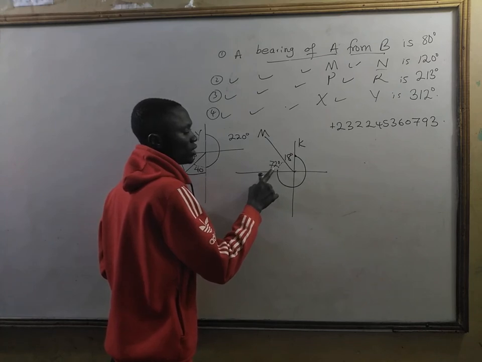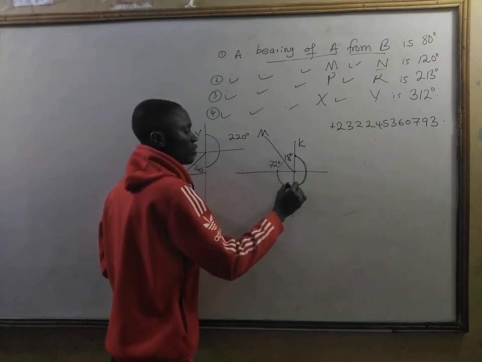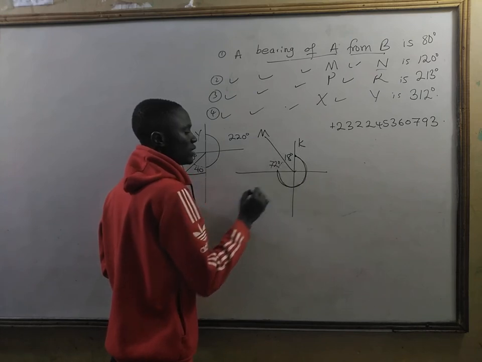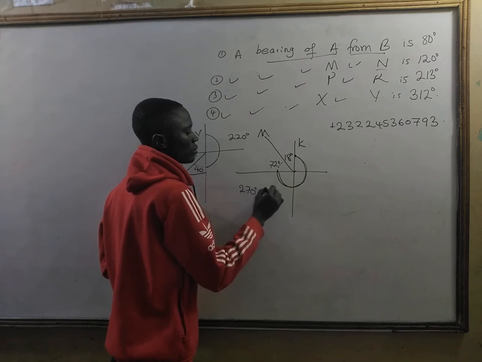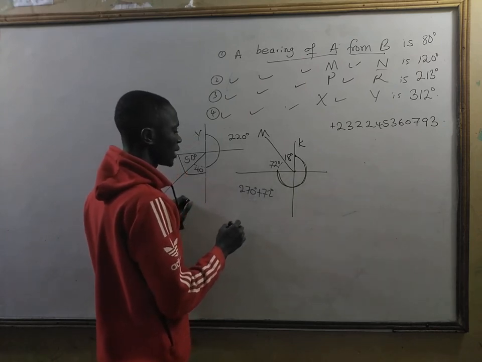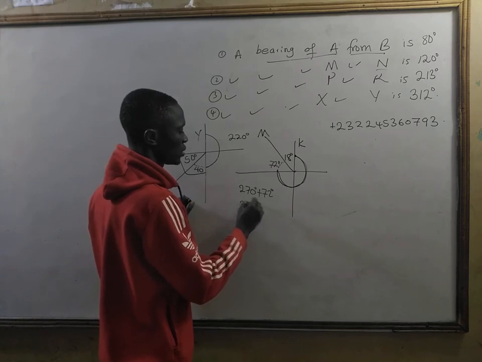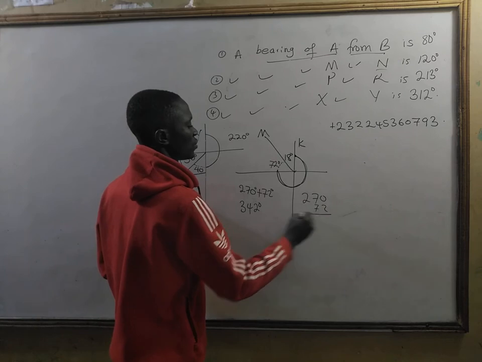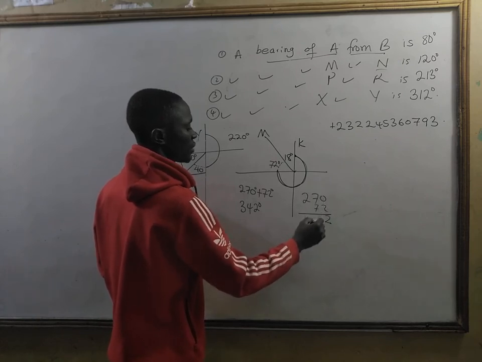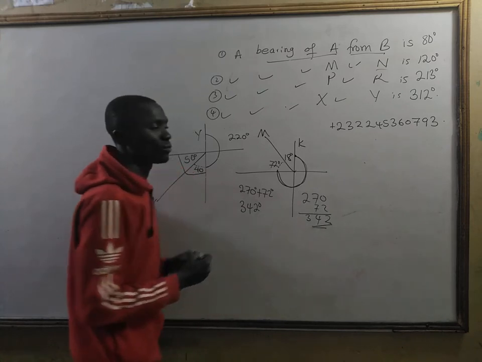So we get here 72 degrees. Then if you need the bearing of M from K, we measure 270 plus 72. And that will give us 342 degrees. Let me check. 270 plus 72. That is very simple.